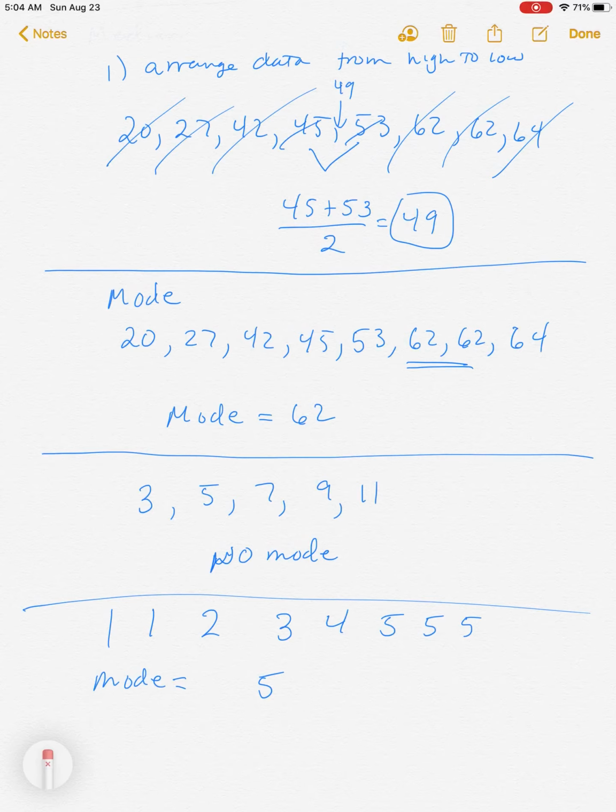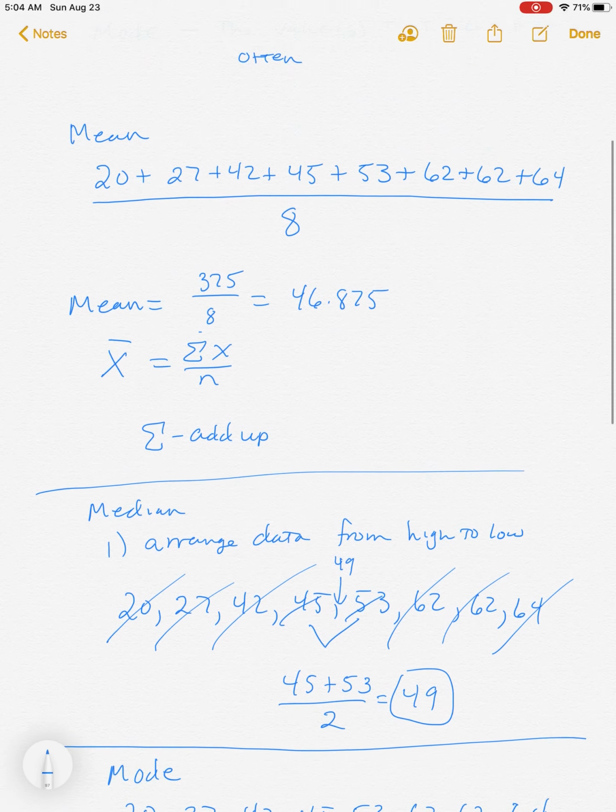If they tie, I got to write all those that tied down. Let me state that. If there's no repeats, I write no mode. And if there's only one that has the most amount, then that is our mode. So that's a quick example of finding mean, median, and modes of a set of data.